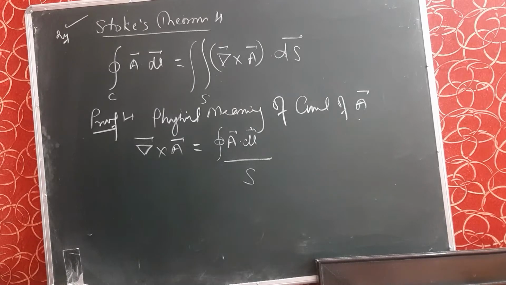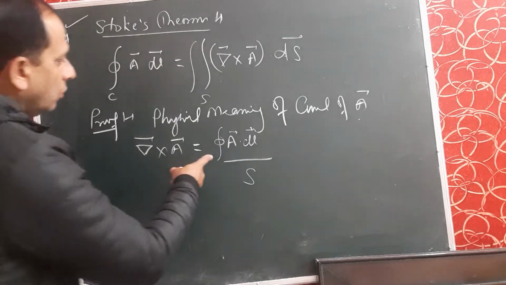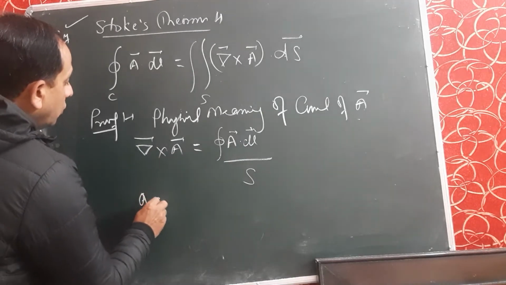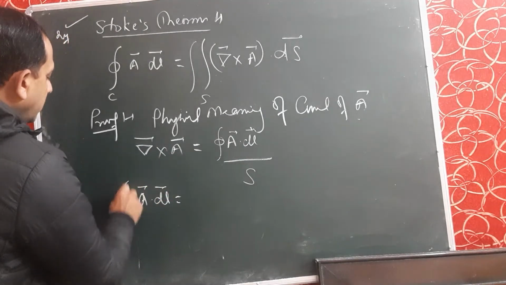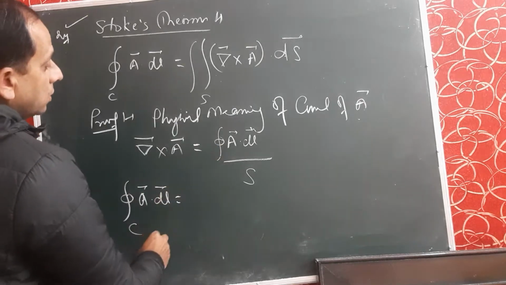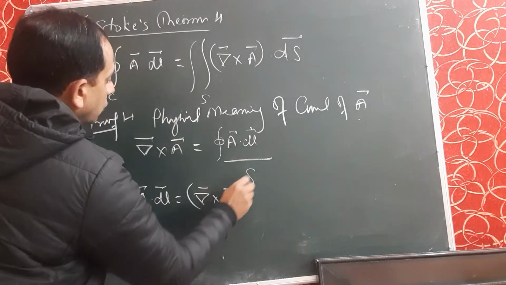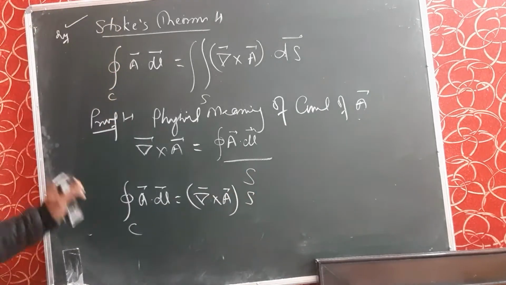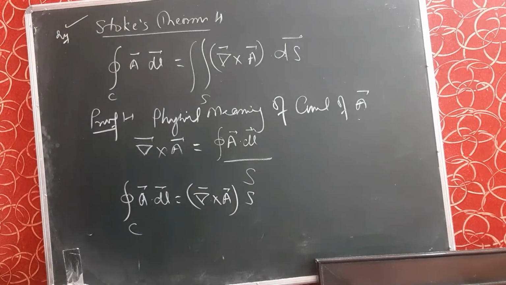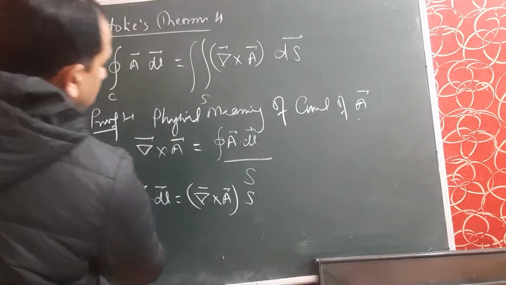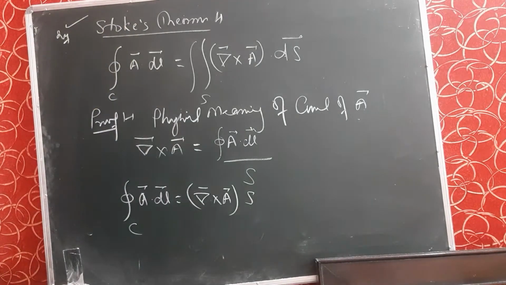Or we may write it as the integral of A dot dl for closed path is equal to curl of A into S. So this S is multiplied with the left hand side term, and this is the equation.